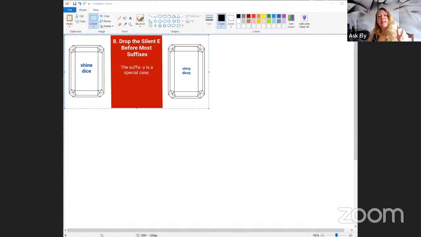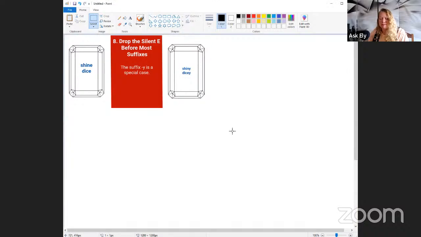Remember on Monday I said that English steals from other languages? This is why we have this. So again, you just have to get used to which words keep the E and which words drop the E. So when you're spelling a word that has Y at the end, you have to think, do I keep it? And then you might have to look it up in the dictionary if you're not sure whether to keep that E. Okay, so yay for Y.